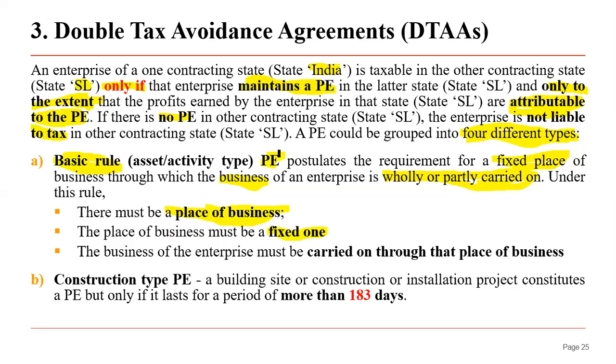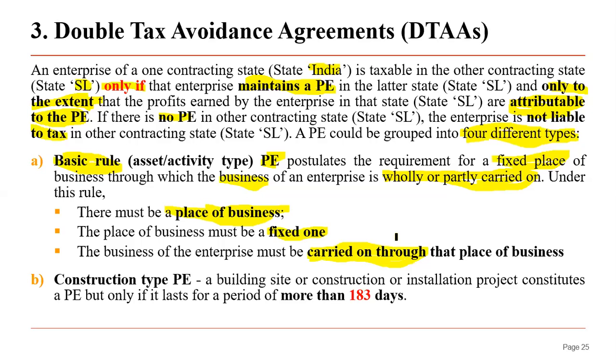There must be a place of business, it must be fixed, and the business of the enterprise must be carried on through that place of business. Basically, this is the main principle of PE, the basic rule.